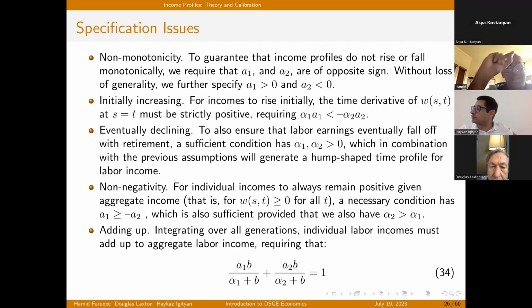And that just gives you a gradual retirement where labor income tends to decline. The last bullet here talks about an adding up constraint that gives you a cross-parameter restriction, just to make sure that individual labor income profiles add up to the aggregate. That's equation 34. Okay, next slide, please.